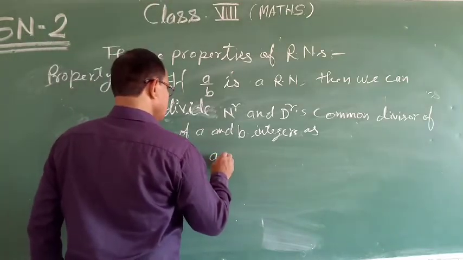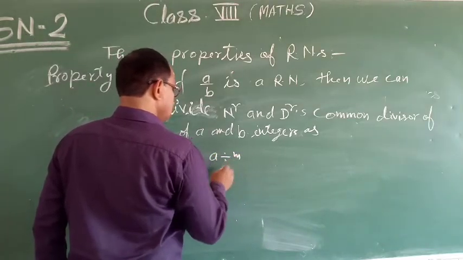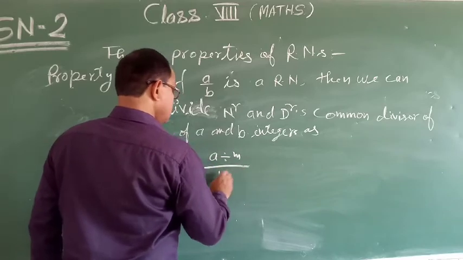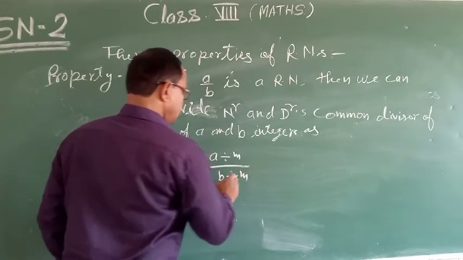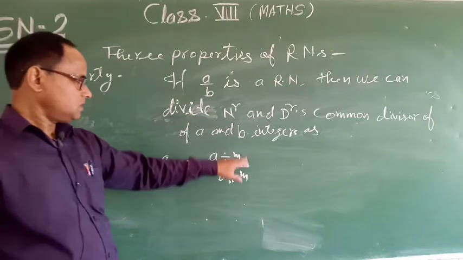A divide M and B divide M, both divided by the same number.